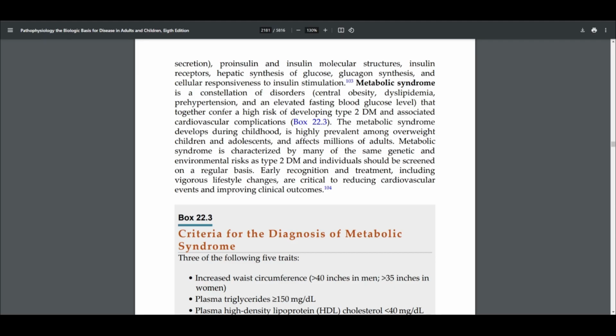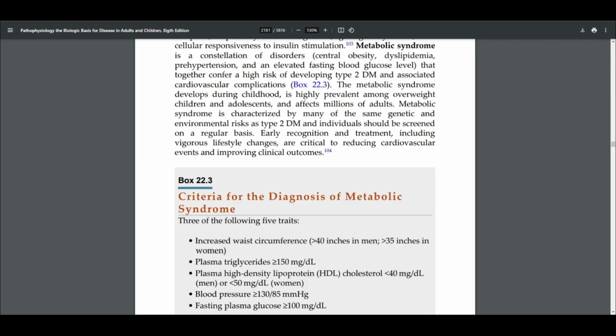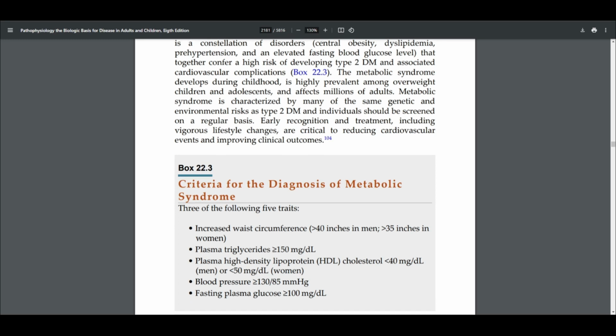Metabolic syndrome is a constellation of disorders that together confer a high risk of developing type 2 diabetes and associated cardiovascular complications. So if you take a look at box 22.3, it lists them. Metabolic syndrome developed during childhood is highly prevalent among overweight children and adolescents and affects millions of adults.